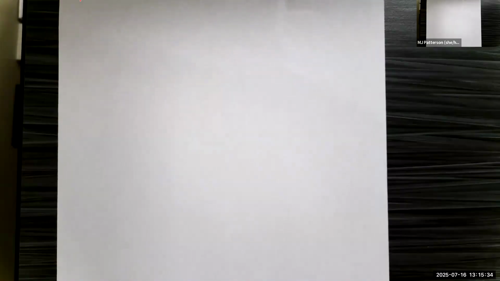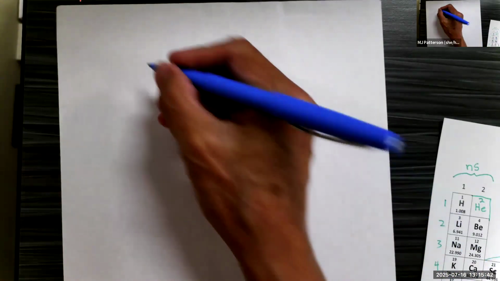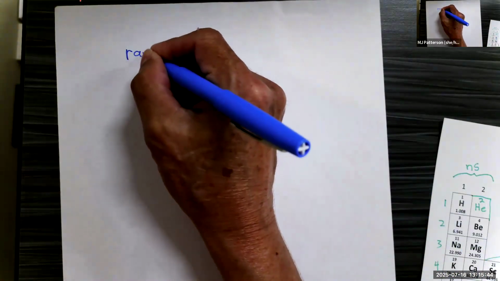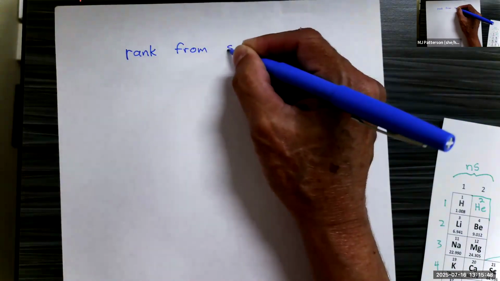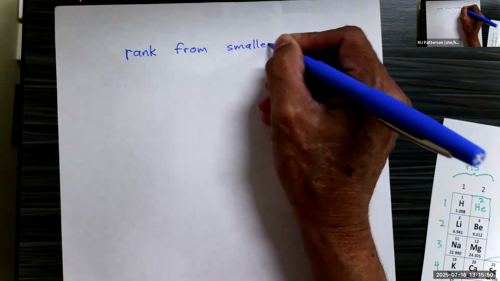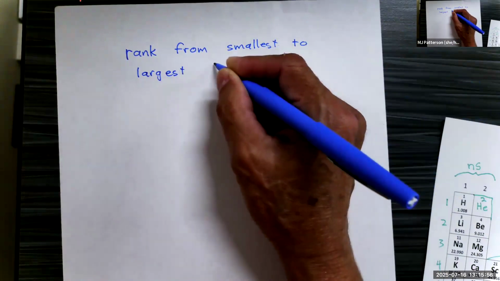Okay, so questions you'll see specifically about electronegativity on a quiz or a test tend to be questions like: rank these elements from smallest to largest electronegativity.